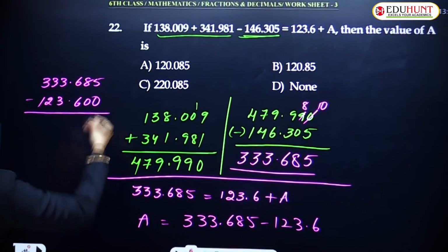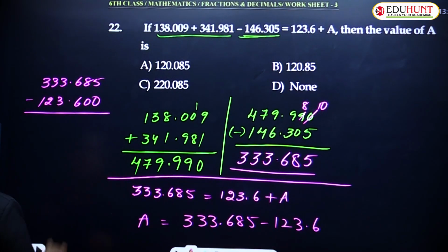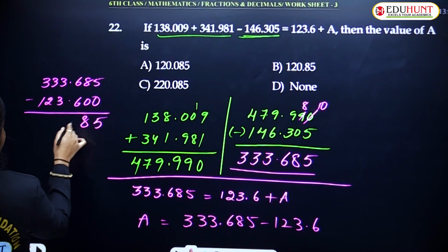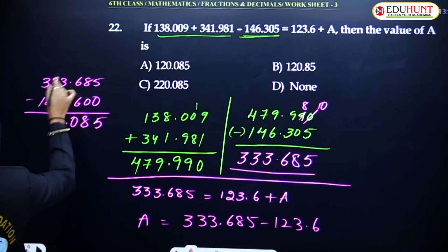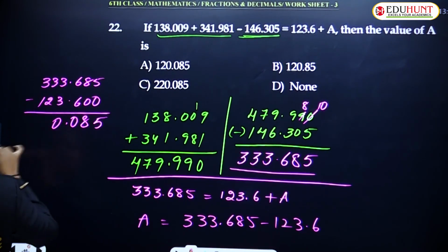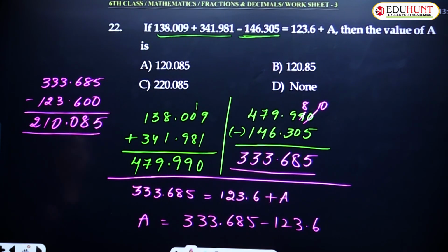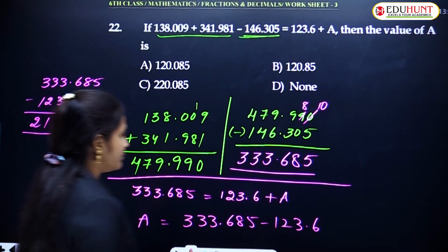For the leftover places, keep zeros. 5 minus 0 is 5, 8 minus 0 is 8, 6 minus 6 is 0, 3 minus 3 is 0, 3 minus 2 is 1, 3 minus 1 is 2. So 210.085.